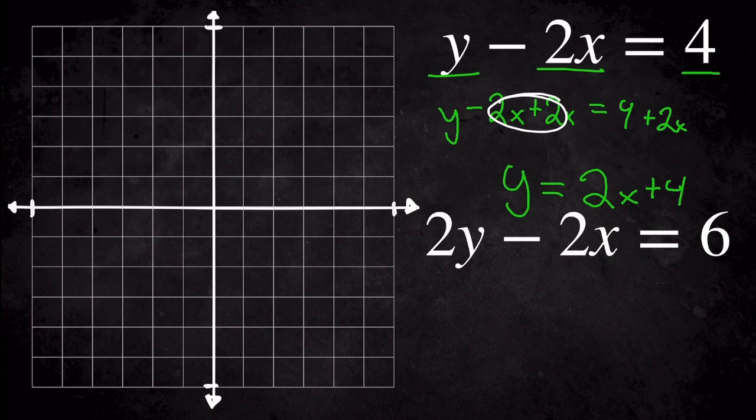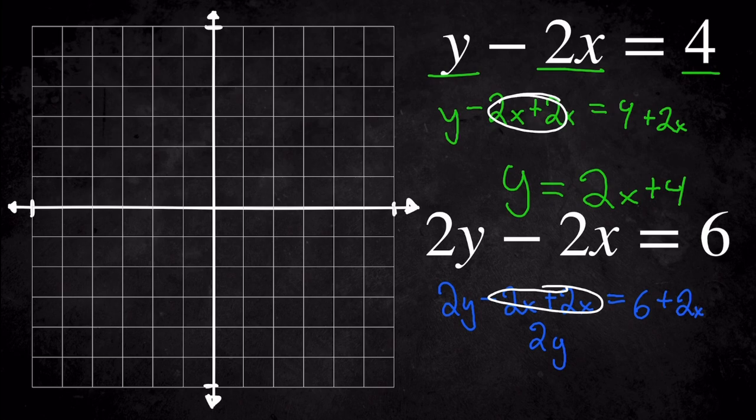So we're going to again add 2x to both sides, right? So that would be 2y minus 2x plus 2x equals 6 plus 2x. Then that would be 2y equals 2x plus 6, right?